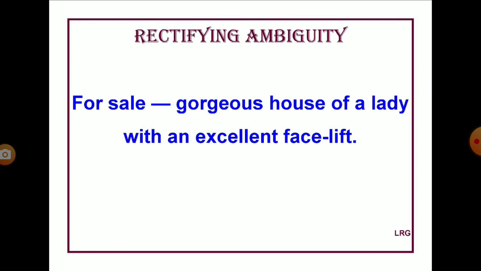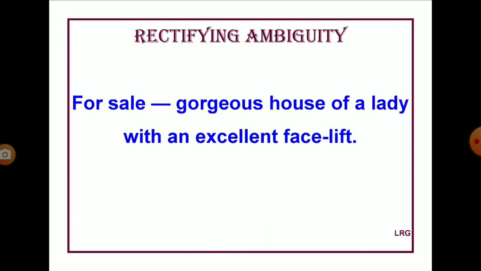For sale, gorgeous house with an excellent facelift of a lady. Is it correct? Even then, the ambiguity remains because it refers to facelift of a lady. So how do you remove the ambiguity? For sale, a lady's gorgeous house with an excellent facelift. That sounds correct. Now the ambiguity is removed.